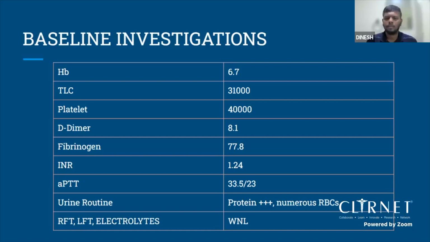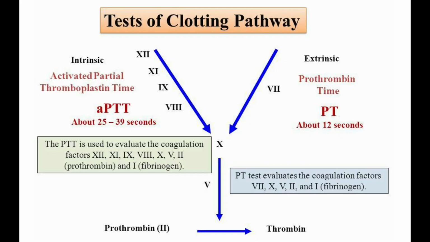APTT is 33.5. So how will you correct prolonged APTT? INR will be corrected by fresh frozen plasma. APTT? What is the difference between APTT and INR in a coagulation profile?